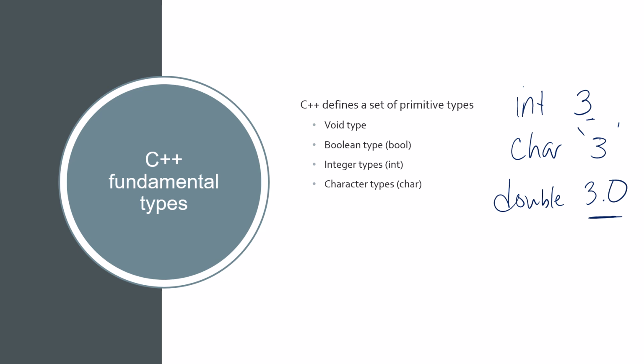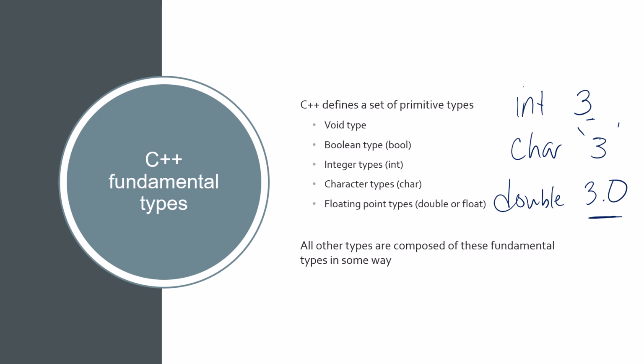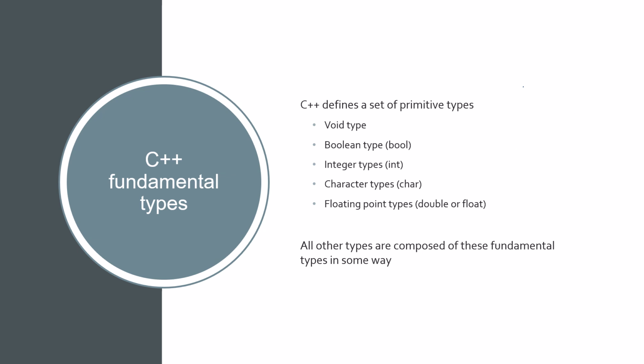It has an ASCII value, you can look that up. Floating point or doubles, and then all the other types that you will create, these are the primitive types, and then you just combine them in different ways to make more complex types.